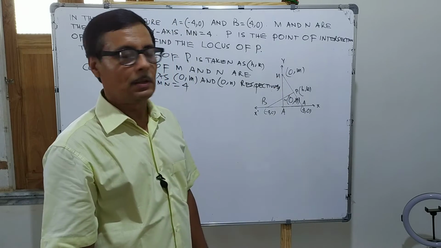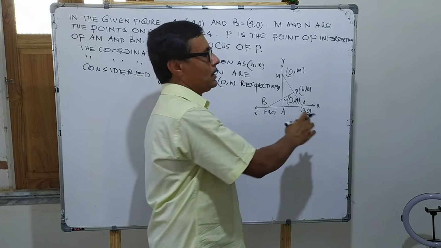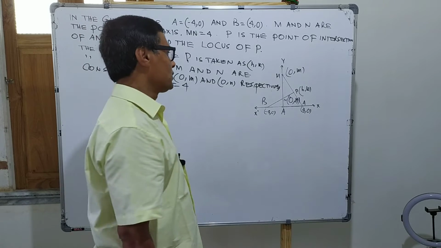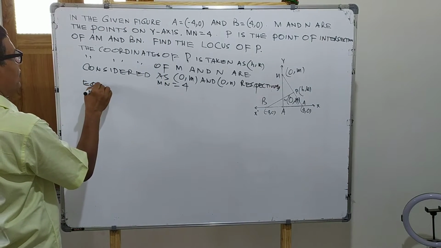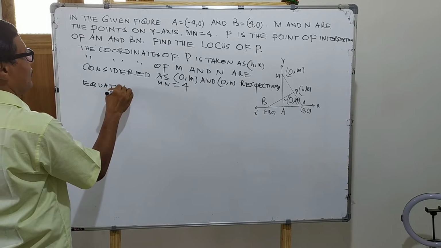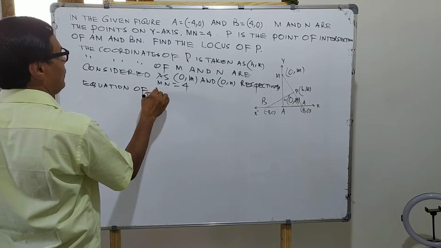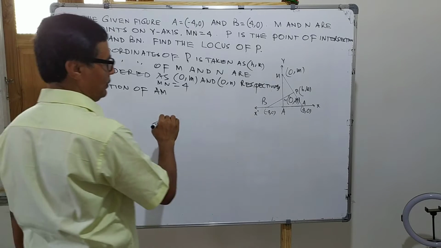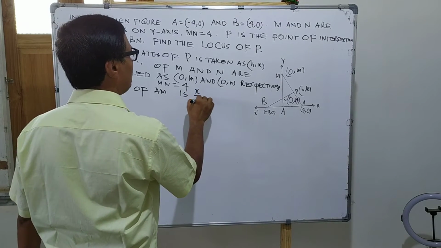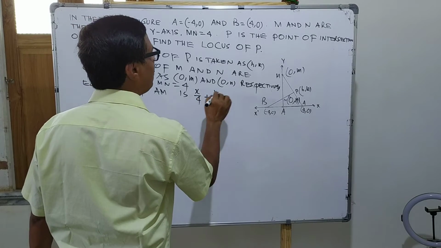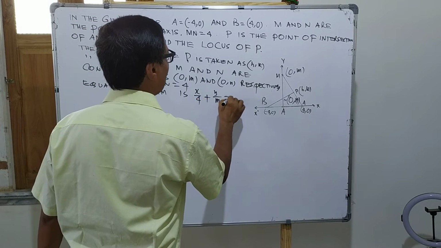So we can get the equation of the line AM in intercept form. So the equation of AM is x over 4 plus y over m equal to 1.